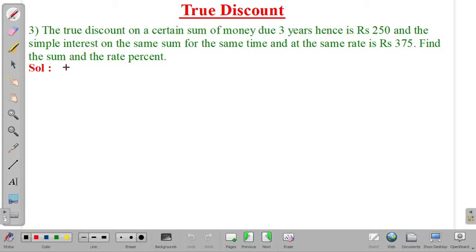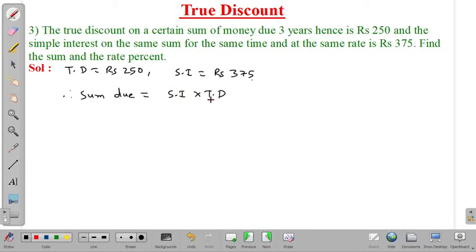Okay, so true discount is given as rupees 250. Simple interest is given as rupees 375. So we can calculate sum due equal to simple interest into true discount divided by simple interest minus true discount.